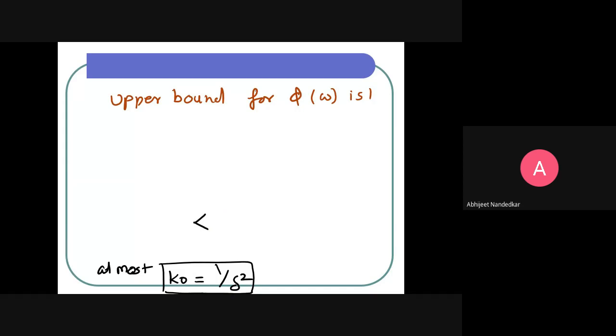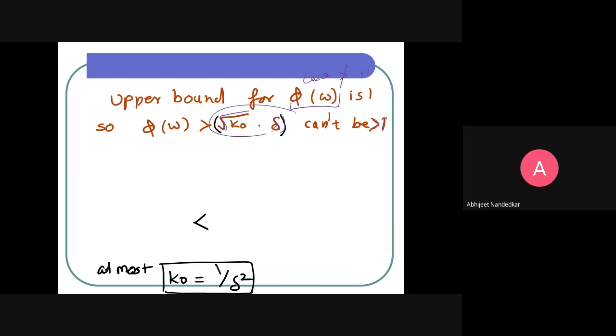Now upper bound, we know that this angle cannot be more than, so our cos of theta cannot be more than plus 1. So this can't be more than plus 1. So that is our knowledge from cos of that angle. So what happens is this square root k0 into delta can't be greater than 1.